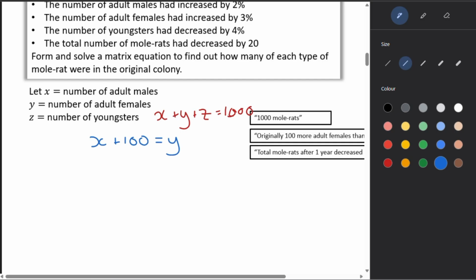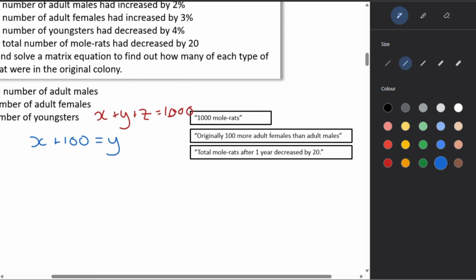If I take x plus 100, that gives me the number of females. I want all the letters on one side and all the numerical values on the other side. So I would just rearrange that and say that y minus x is 100.